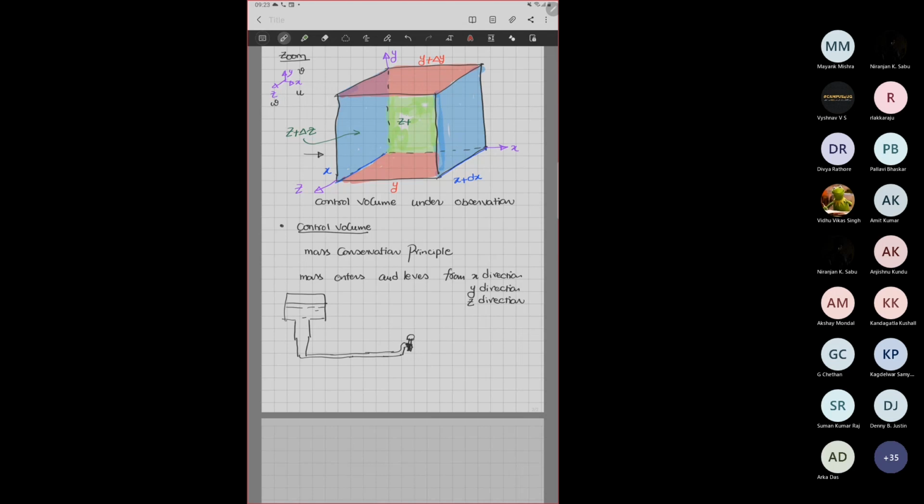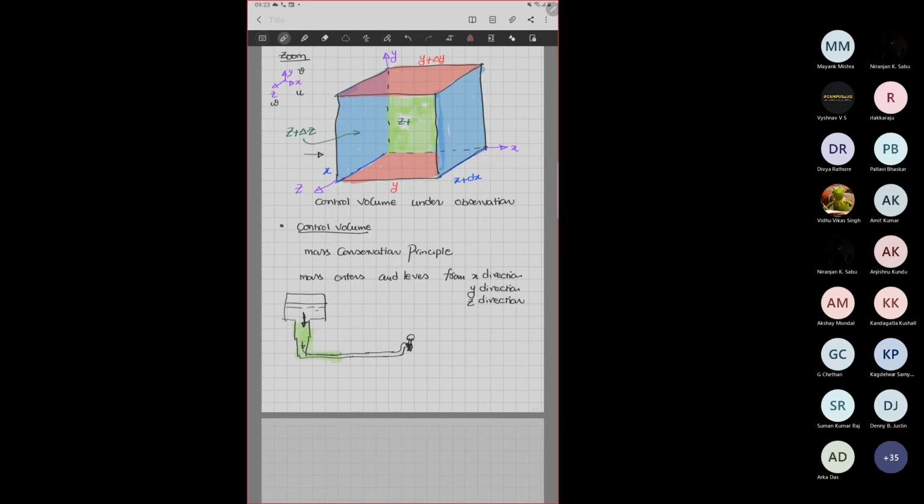If mass is coming out of this, it might be moving within this control volume here. If I show the control volume, fluid might be entering and fluid might be leaving there. Maybe if I pick my control volume up to this part, fluid might be coming in this direction and leaving in that direction.